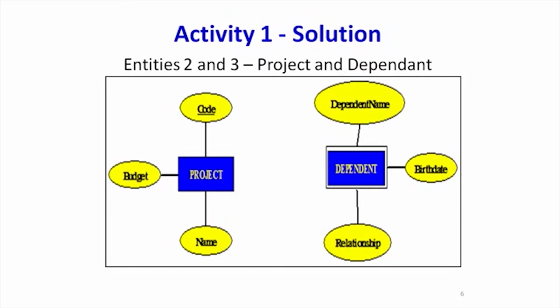There is also a budget for that particular project, and each project must have a name. There's also an entity for a dependent, whereby the dependent must have a name, a birth date, and a relationship. As we can see, a dependent rectangle is a double one. This is because this is a weak entity. It's because it depends on the employee entity.